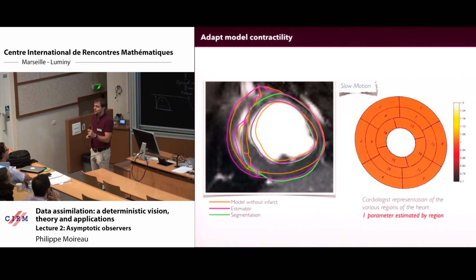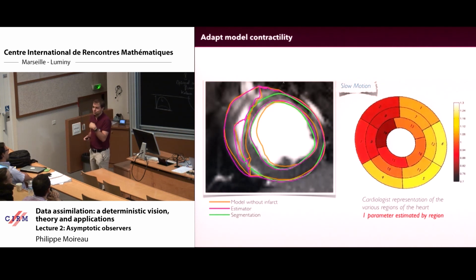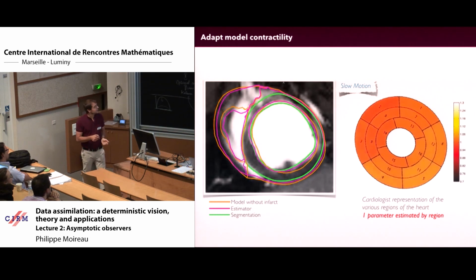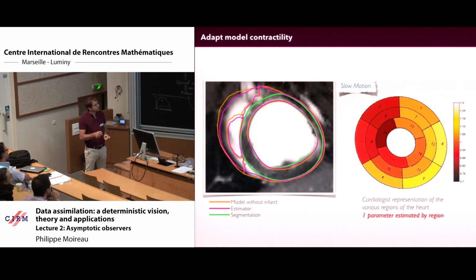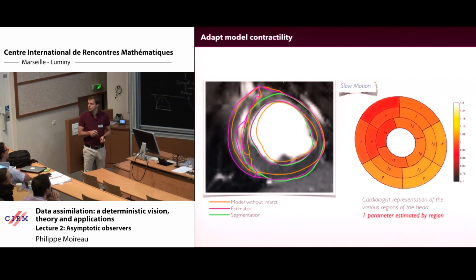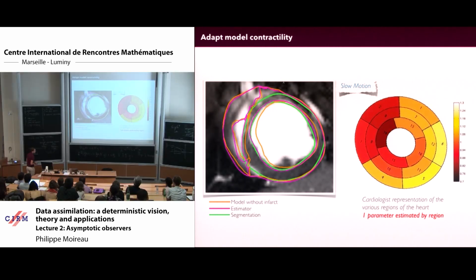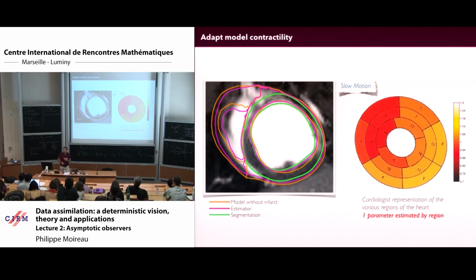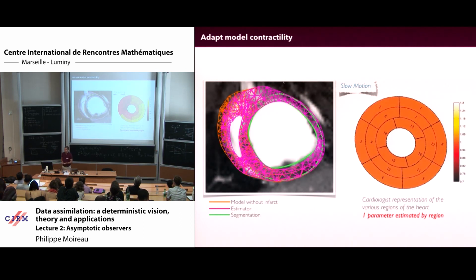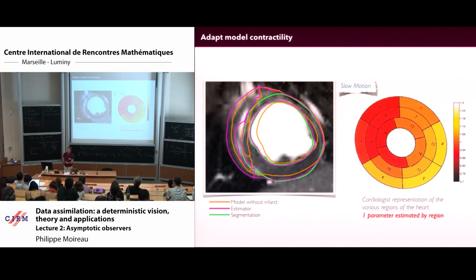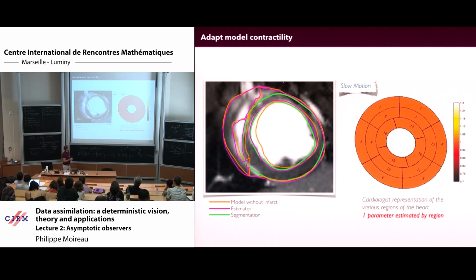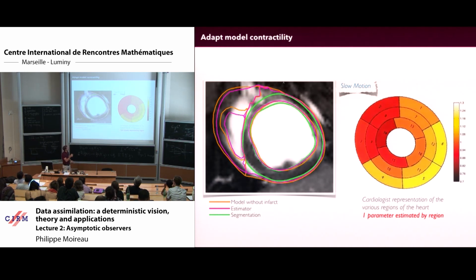When you have an infarct, you know that even if you have an electrical activation, you will not contract anymore. And you see that in all the zones here, the parameter drops. So somehow we were able to prove that we can do identification of parameters for this type of situation and recover where the infarct is, okay?